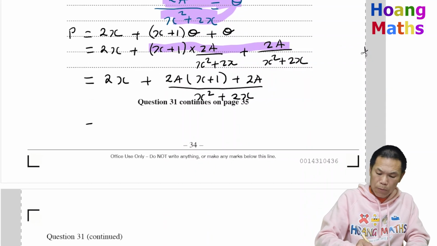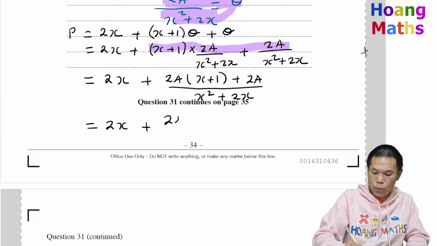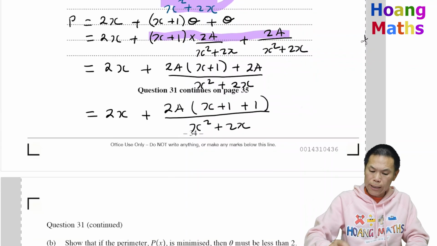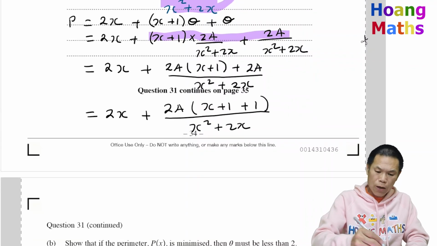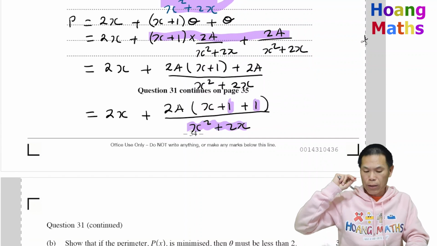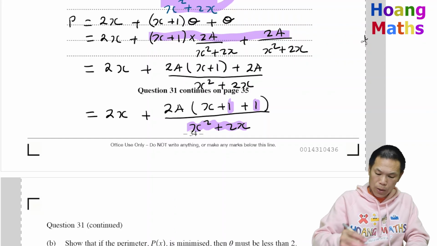So that gives me 2x plus, taking the 2A out, (x plus 1 plus 1) over (x squared plus 2x). So I can simplify this further. Of course, this adds together to give 2. I can take out the common factor by taking out the x. So I just go equal to.